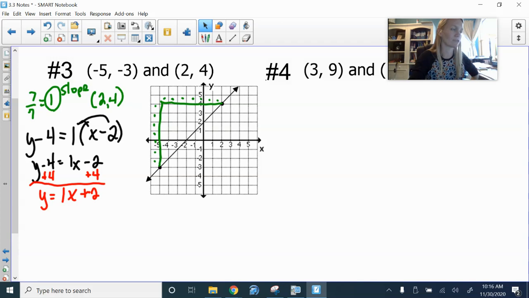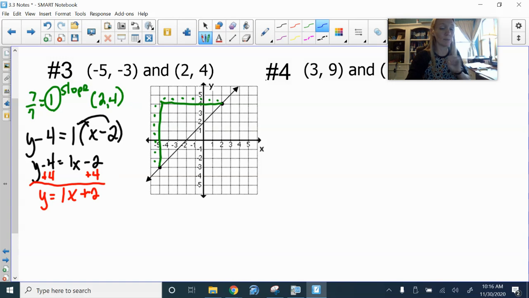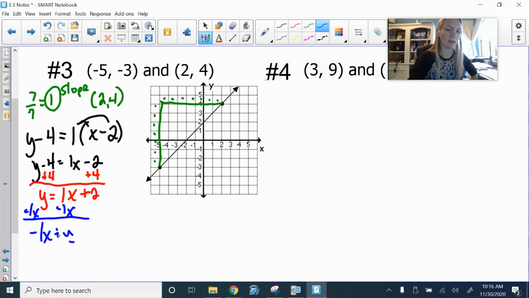We probably could have gone straight into point slope or slope intercept form, but that's okay. So that's our slope intercept form. We're almost done. Only other thing you have to do is move that 1x over to the other side. So if I subtract my 1x, I just bring it to the other side. So I get -1x plus y equals 2. And there's my standard form.